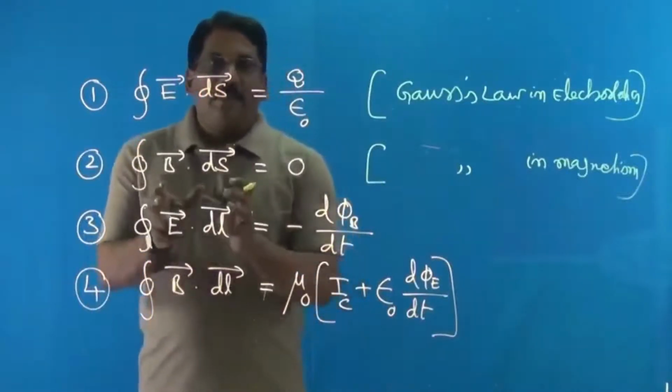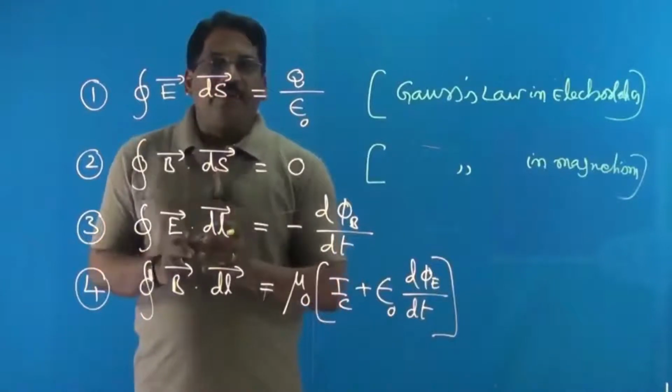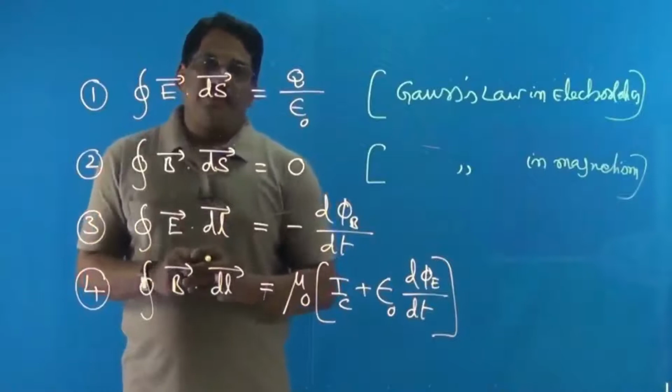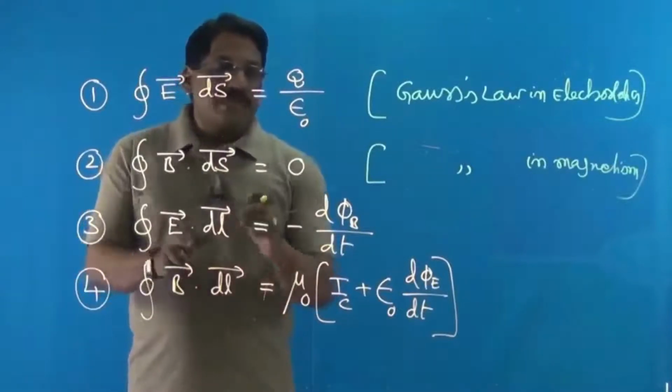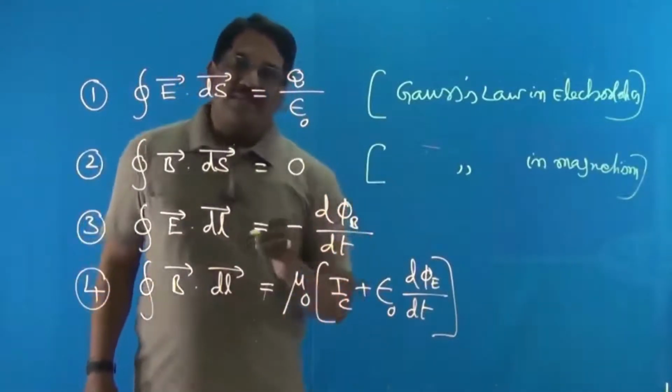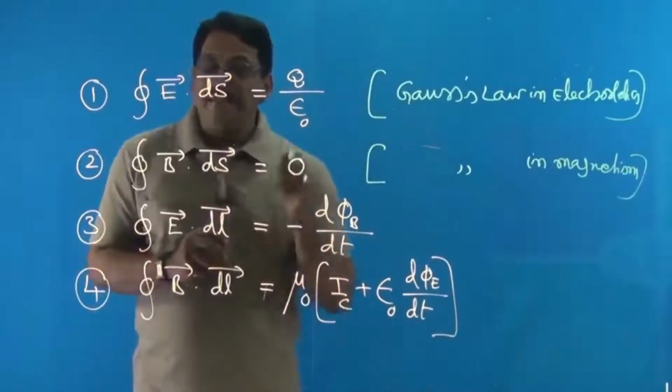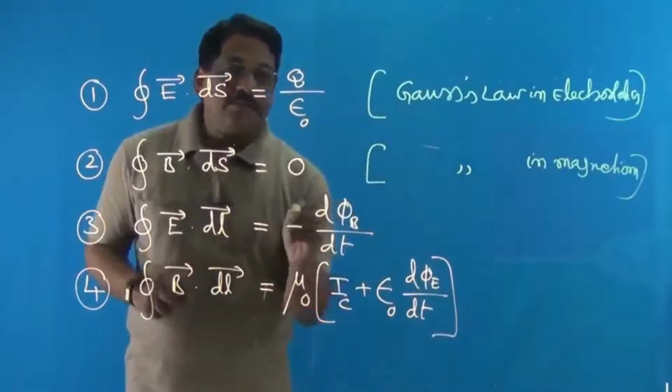This line integral of the electric field, or the EMF induced in the circuit, opposes the very change of the magnetic flux in that loop. This is what Lenz's law says, and that opposition is indicated by this negative sign.